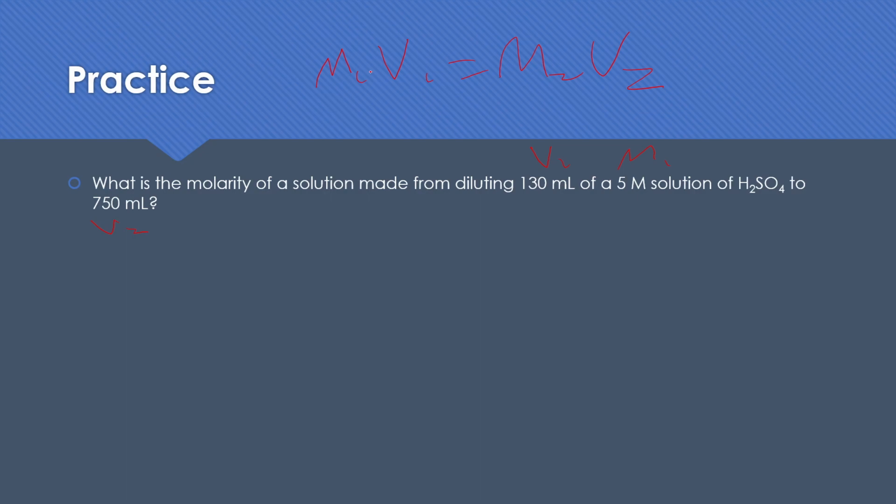So I'm solving for M2, which is equal to M1V1 over V2. So 130 times 5 divided by 750. Milliliters cancels, you get molar, and that's equal to 0.87 molar.